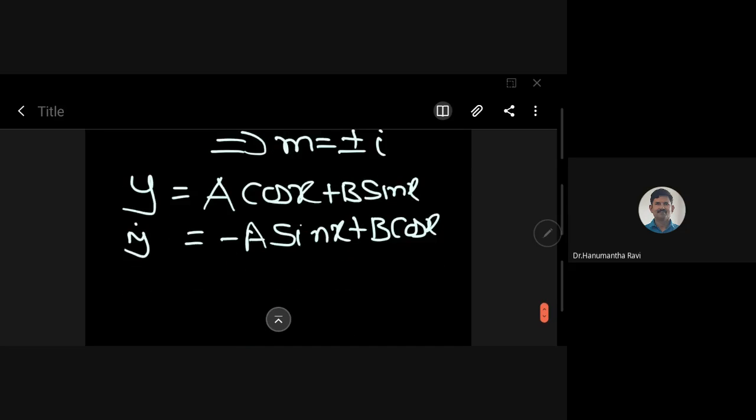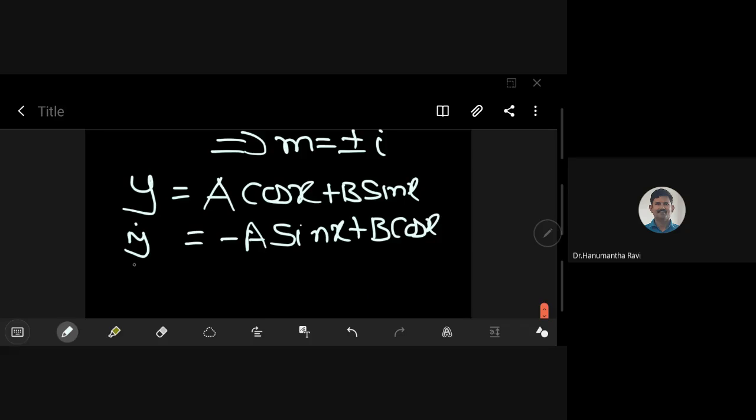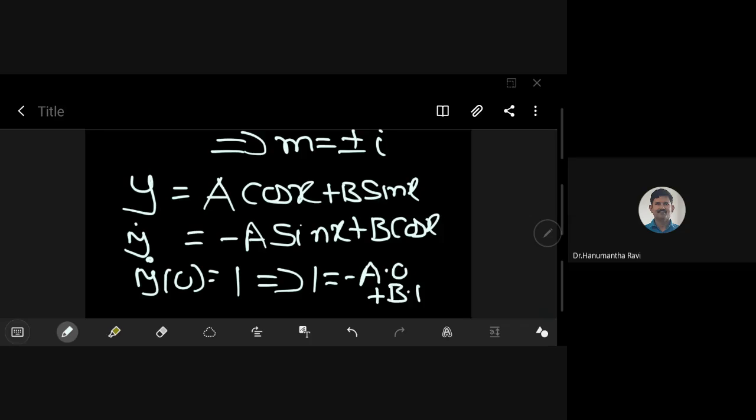So 1 is equal to minus a sin 0, which is 0, plus b into cos 0. Cos 0 is 1. So 1 is equal to b.